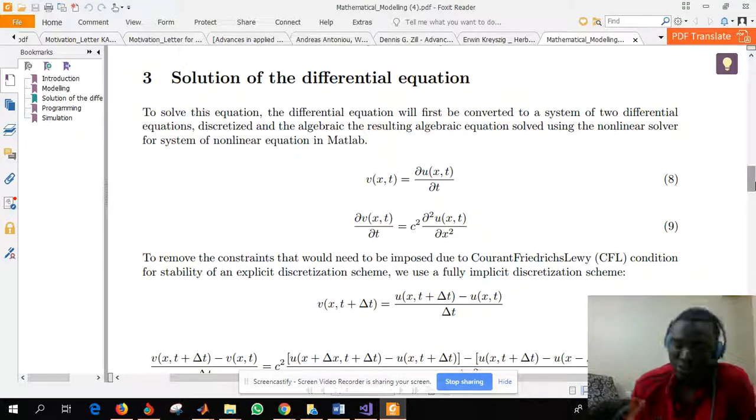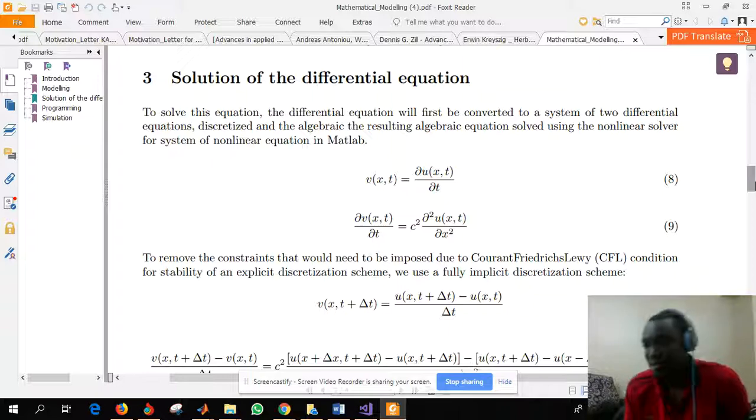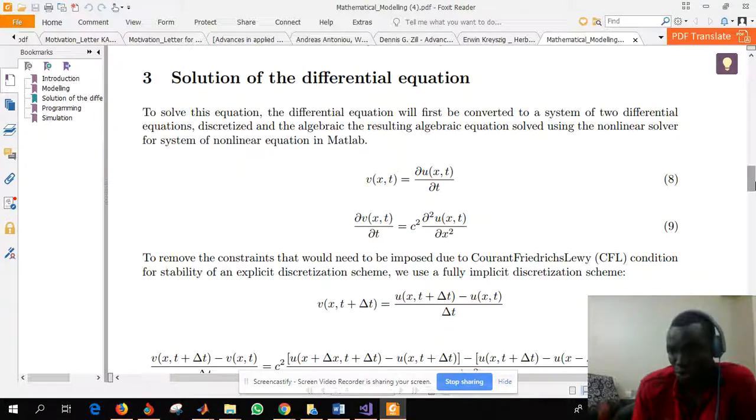Instead of dealing with a second order differential equation in time, I will be dealing with two first order differential equations in time. First, I express the velocity as the rate of change of u with time. Then I express the rate of change of the velocity with time as the product of c squared, which is the velocity of vibration, and the second derivative of u, the displacement, with x.